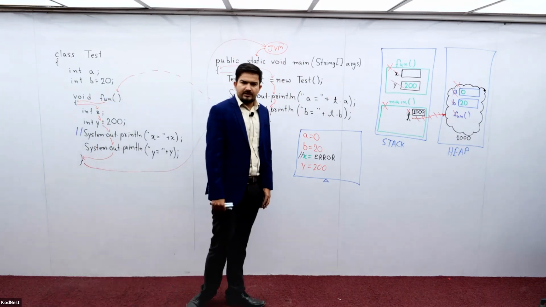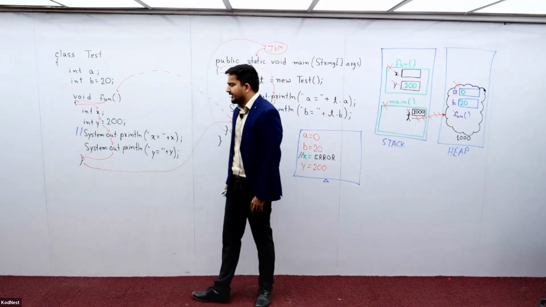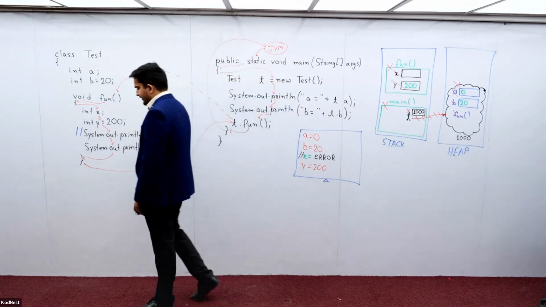Next point, we will talk about where they are given the memory. So about instance variables, third point, please write.